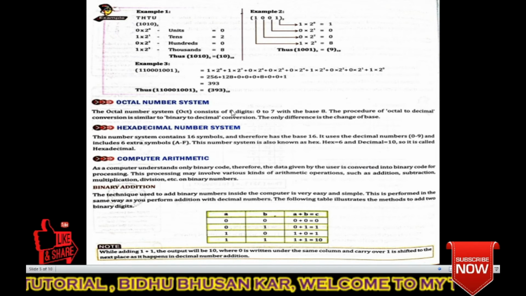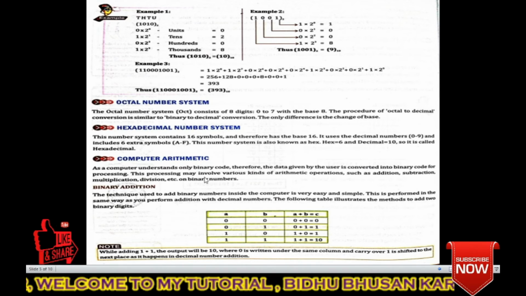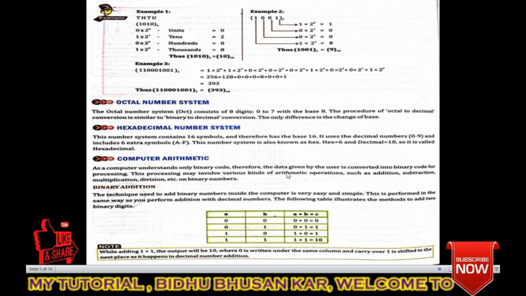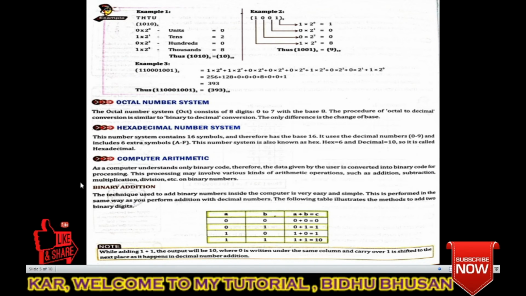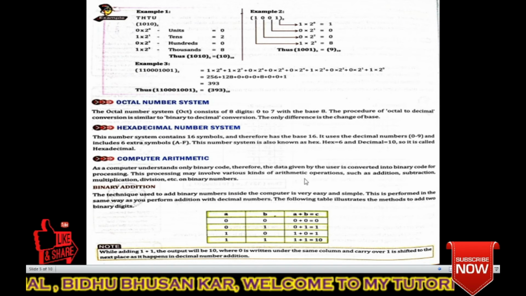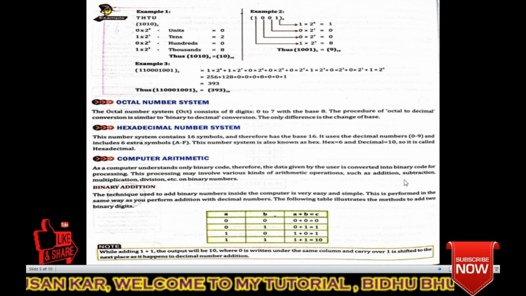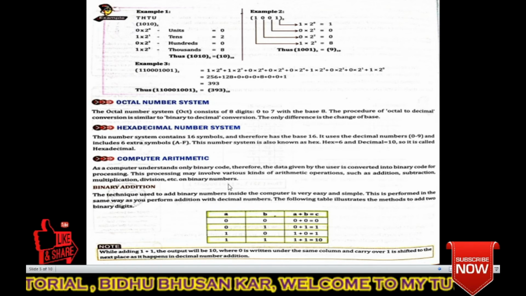Then computer arithmetic. As a computer understands only binary code, the data given by the user is converted into binary code for processing. This processing may involve various kinds of arithmetic operations such as addition, subtraction, multiplication, division, etc. on binary numbers.